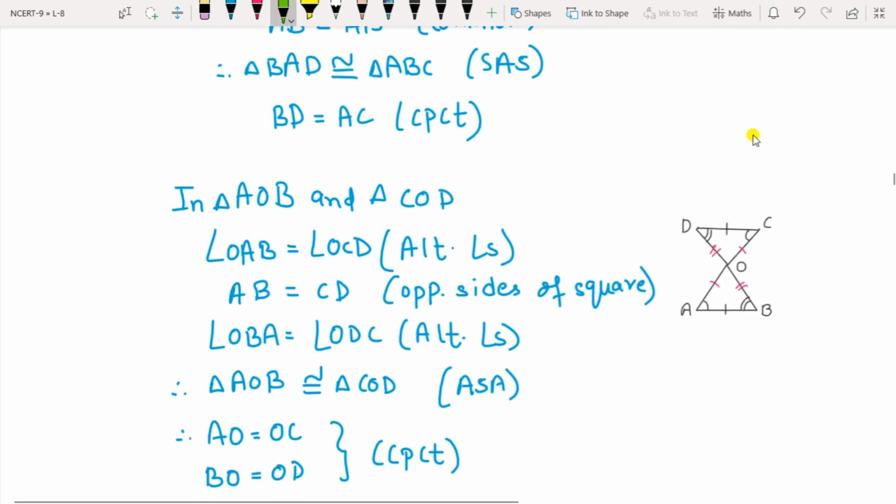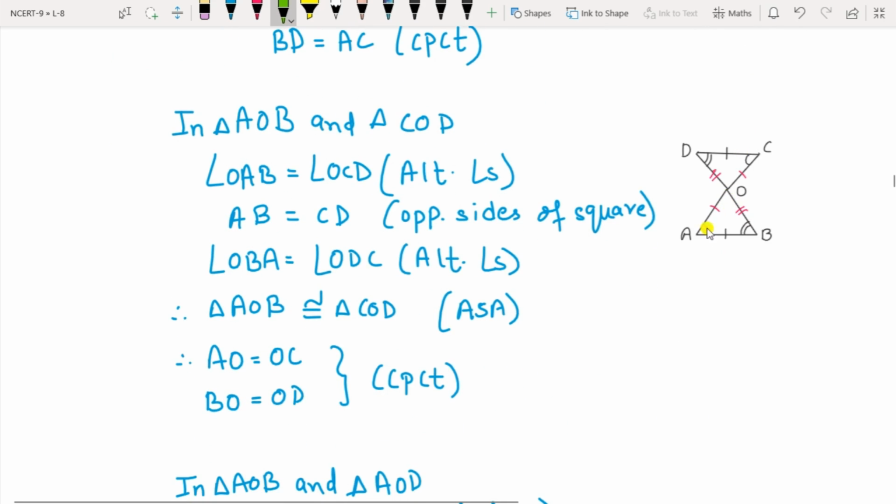Then consider the next triangles AOB and COD here. Here you can see angle OAB will be equal to OCD and OBA will be equal to ODC, since they are alternate angles, and AB is equal to CD, and therefore these two triangles are congruent to each other by ASA, angle side angle, and therefore its CPCT will be AO or OA is equal to OC and OD is equal to OB, that is the CPCT.